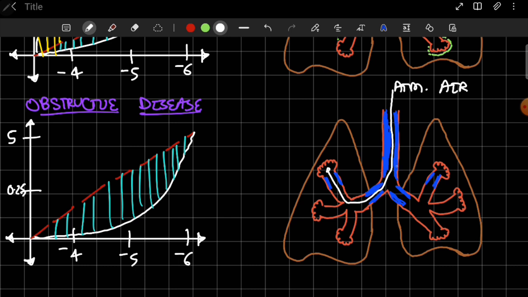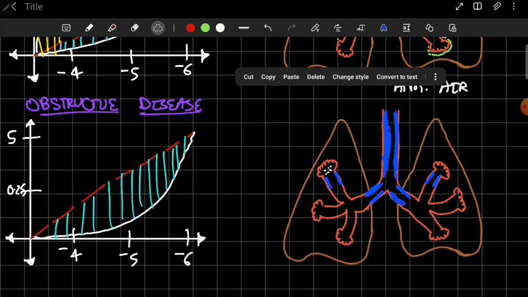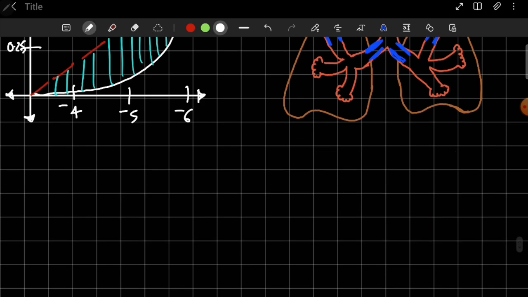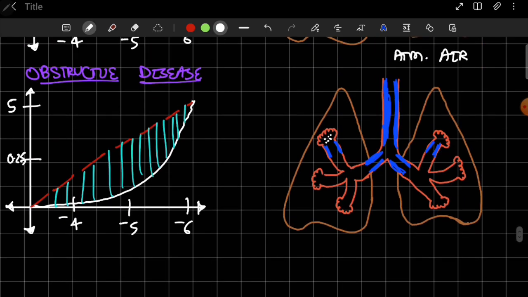Expiration is a passive process, and since less air has come from this conductive part, from the atmosphere, by the time it reaches here it becomes minimal. So that minimal air, by exchange of gases, comes here and goes out. So there is no effect on the elastic work.